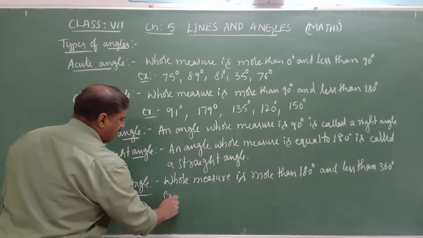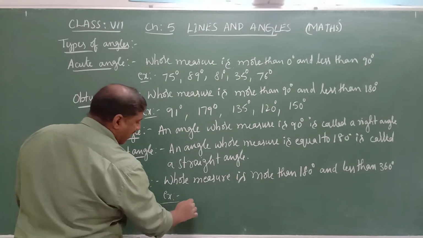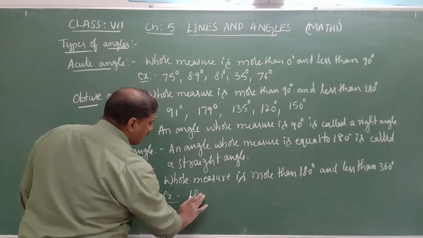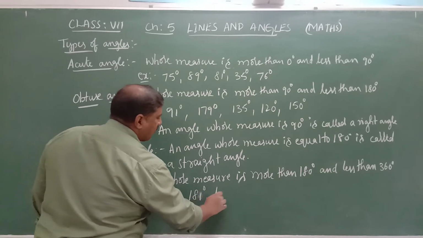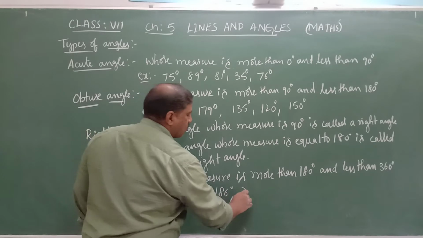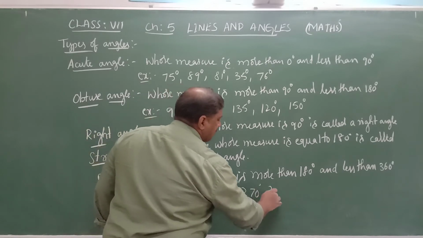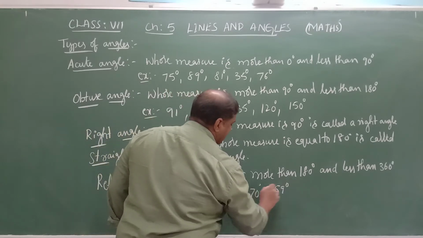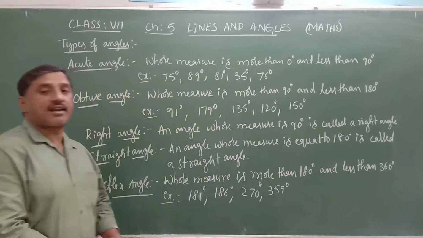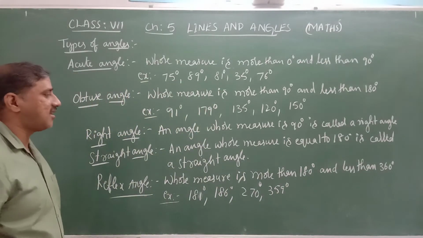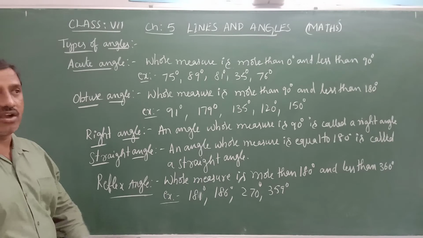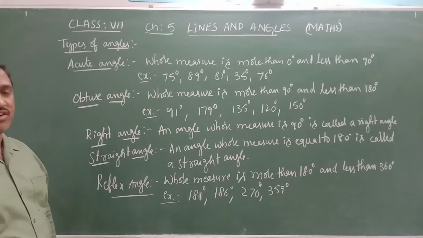For example, 181 degrees, 186 degrees, 270 degrees, 359 degrees etc. are all reflex angles. The complete angle we have also studied: its measure is equal to 360 degrees.